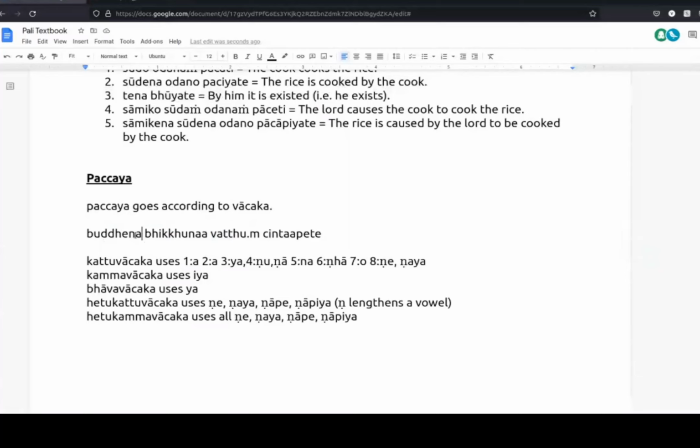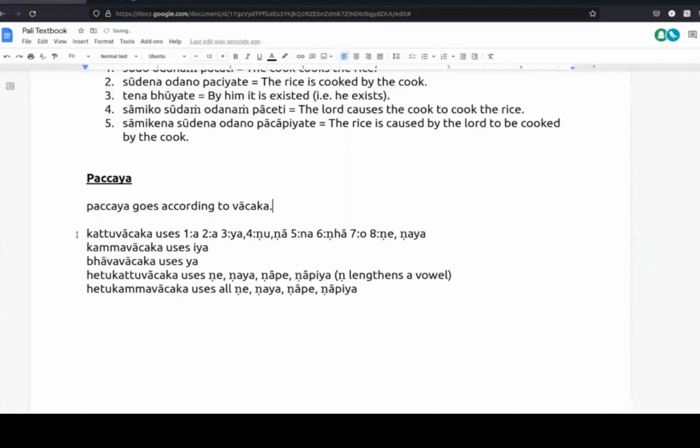It's being caused by the Buddha to be thought about by the bhikkhu. Understand? Yes, and we had an example last time. Yeah. I think. And that is with using nape, isn't it? That one was. Yeah.